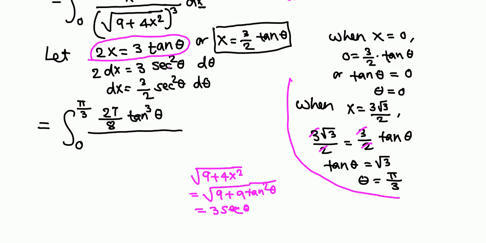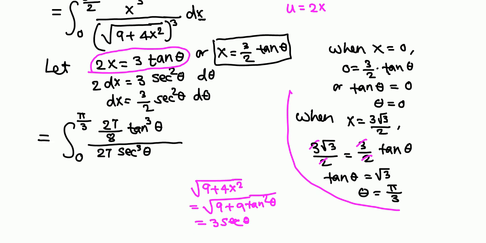That was the purpose of making this substitution. Now we don't have a square root anymore. So the square root of 9 plus 4x squared is 3 secant theta, and we have the cube outside. So 3 secant theta cubed, 3 cubed, 27 secant cubed theta.